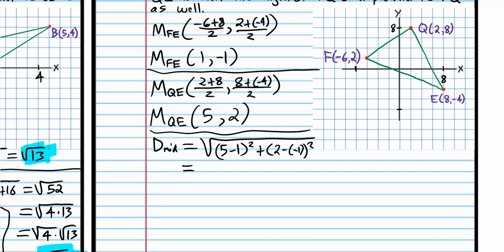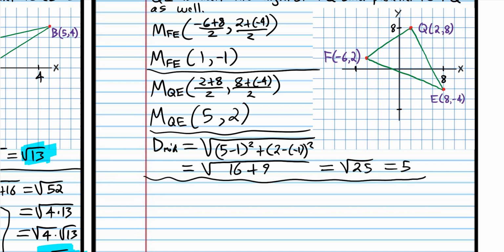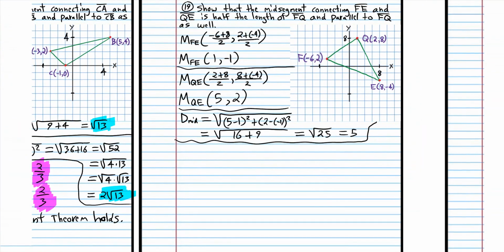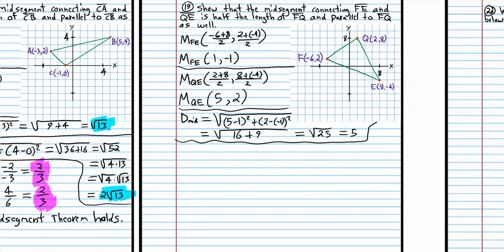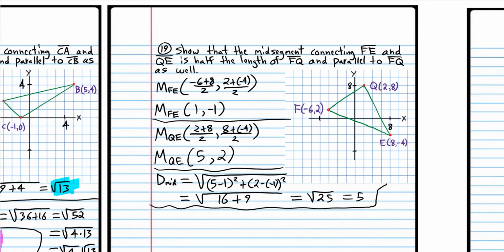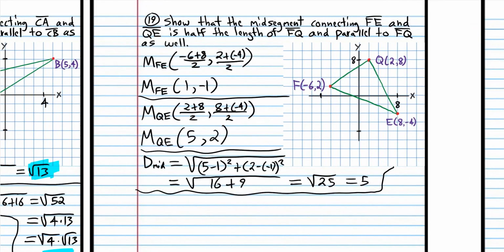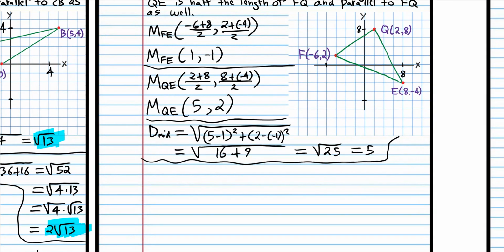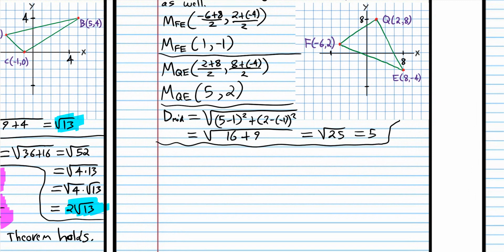And just simplifying, we have 16 plus 9, which would be root 25, which is 5. So that's the distance of the midsegment. Now we have to show that the non-included side, which is FQ, is twice that distance, so it should be 10.